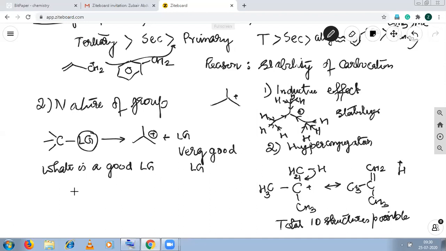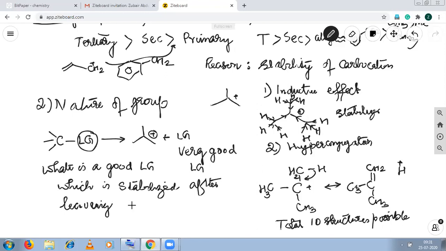A good leaving group is the one which is stabilized after leaving, after the bond with the substrate is broken.